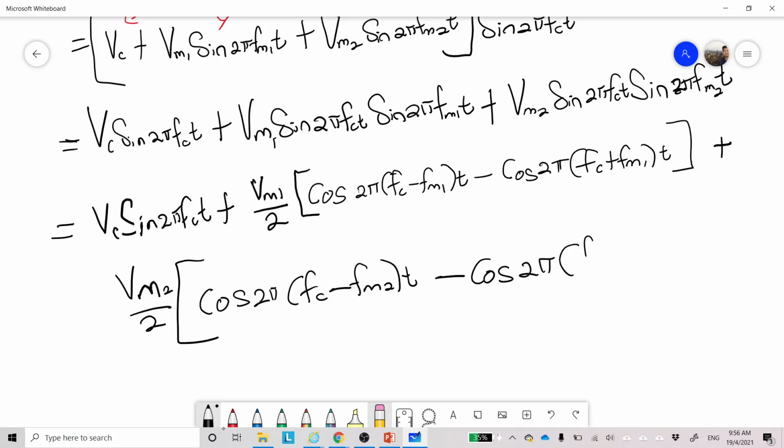And then for the second input message, this is located at fc plus fm2, and here is fc minus fm2, and the amplitude is vm2 over 2, vm2 over 2.